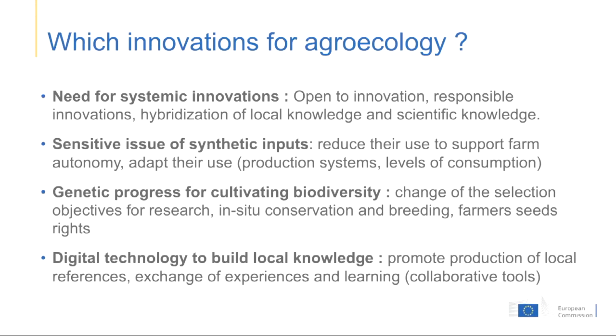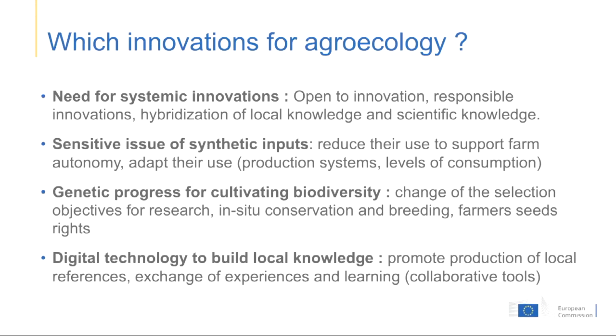In African countries, the level of chemical fertilizers is very low. So the use of fertilizer is possible, but then when we look at huge use of pesticides, we need to look at the different approaches. So we need to look at the more global approach of the farm and depending on the situation.